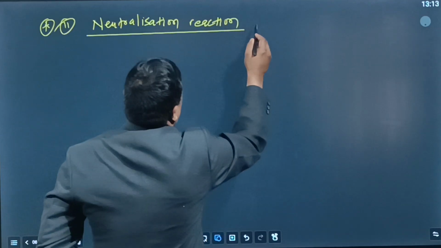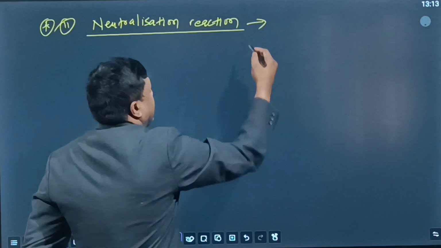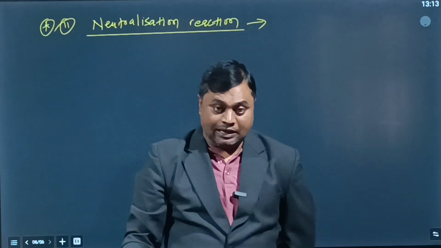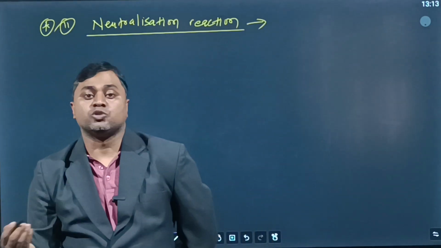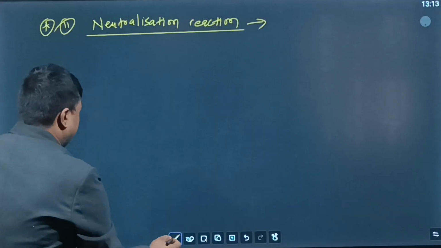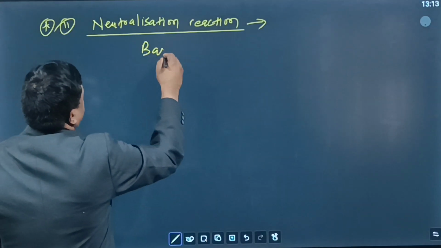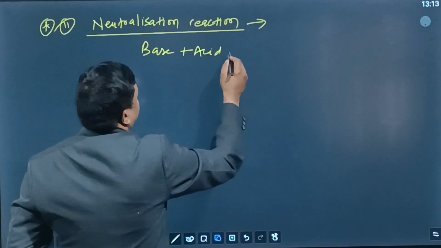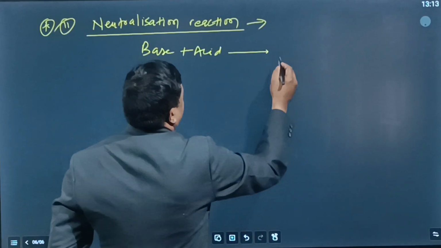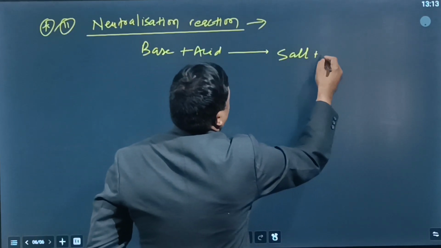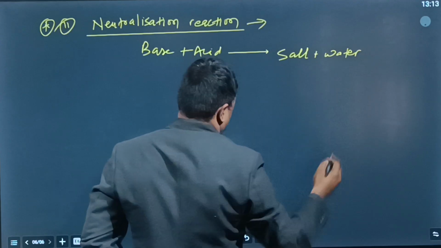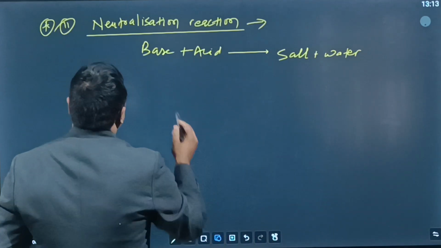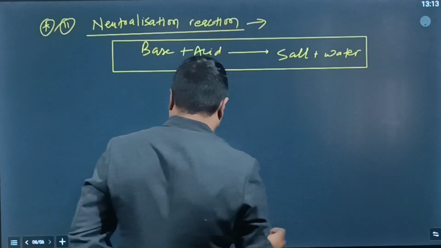It is a type of double displacement reaction in which an acid reacts with a base to form salt and water. So we can write like this, children: base reacts with an acid, it gives salt plus water. This is a neutralization reaction.